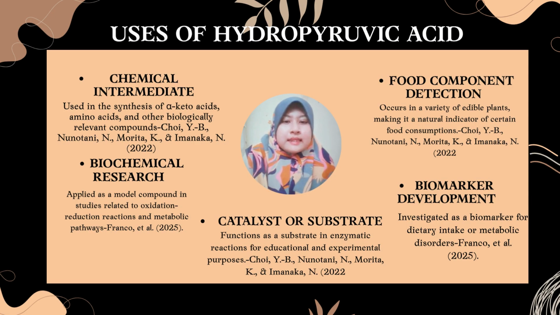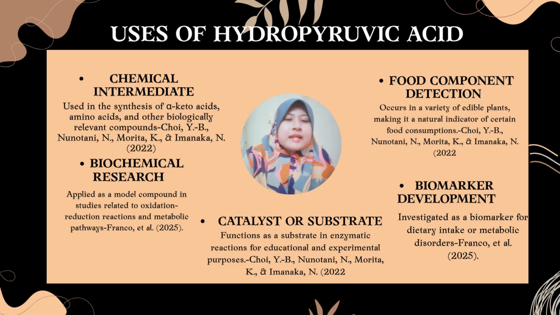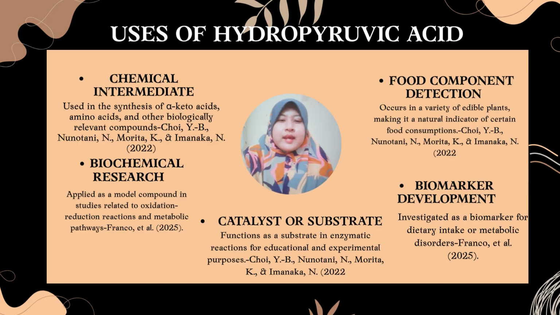The third one is catalyst or substrate, functioning as a substrate in enzymatic reactions for educational and experimental purposes. The next one is biomarker development, investigated as a biomarker for dietary intake or metabolic disorder. And the last one is food component detection, occurring in a variety of edible plants, making it a natural indicator of certain food consumption.